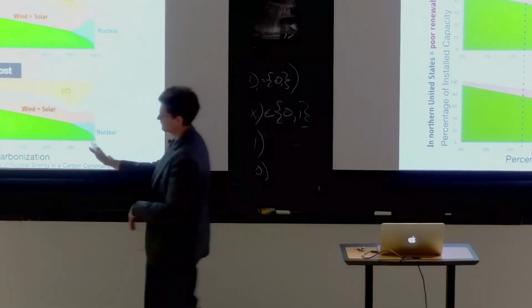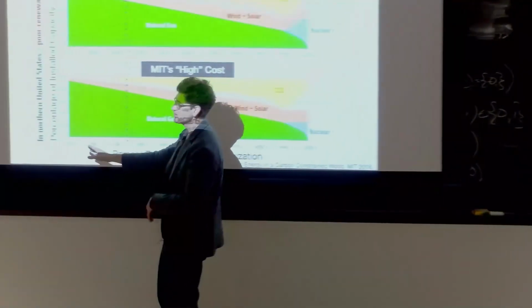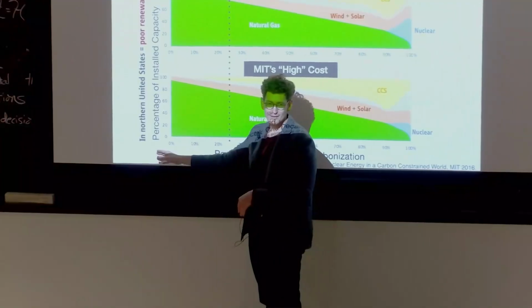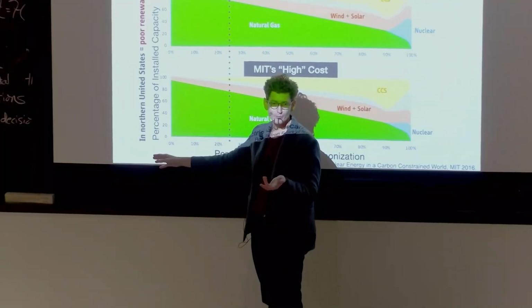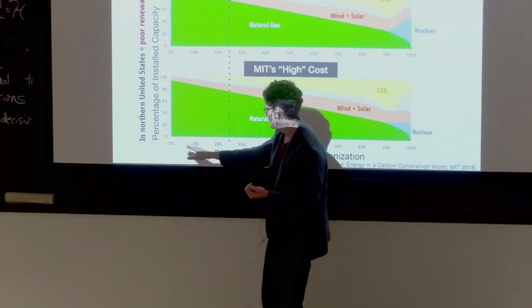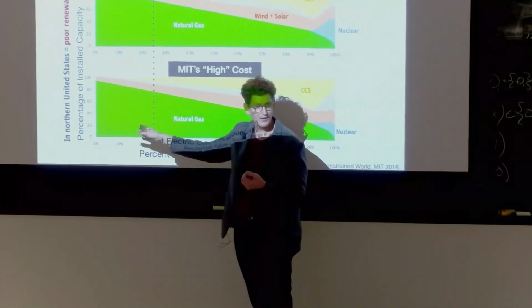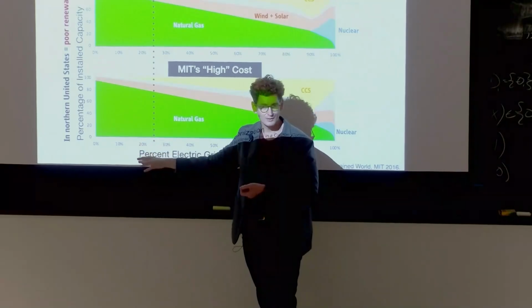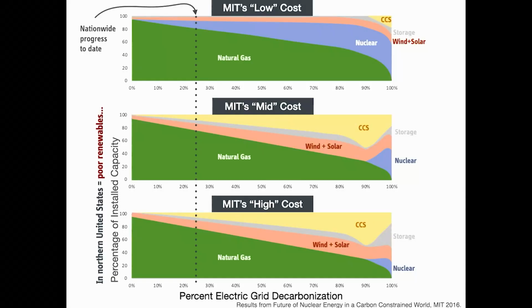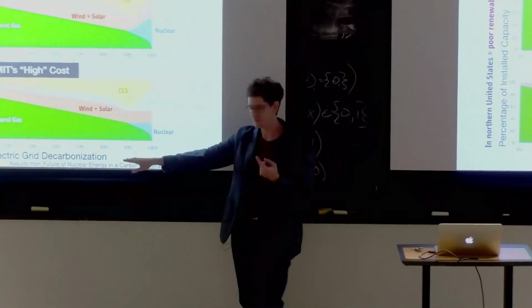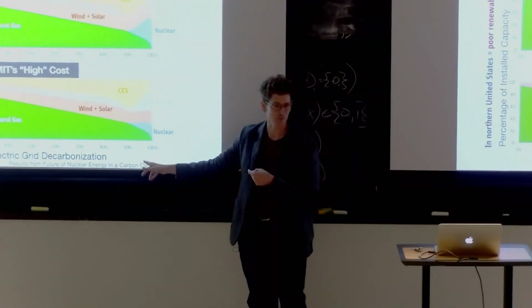Across the x-axis is the percent decarbonization, assuming that we start from a period where everything is essentially natural gas. And this dotted line shows us where we are right now in our efforts to decarbonize the electric grid. And we don't know how far to go, right? We know the optimal amount is not 100% decarbonization.